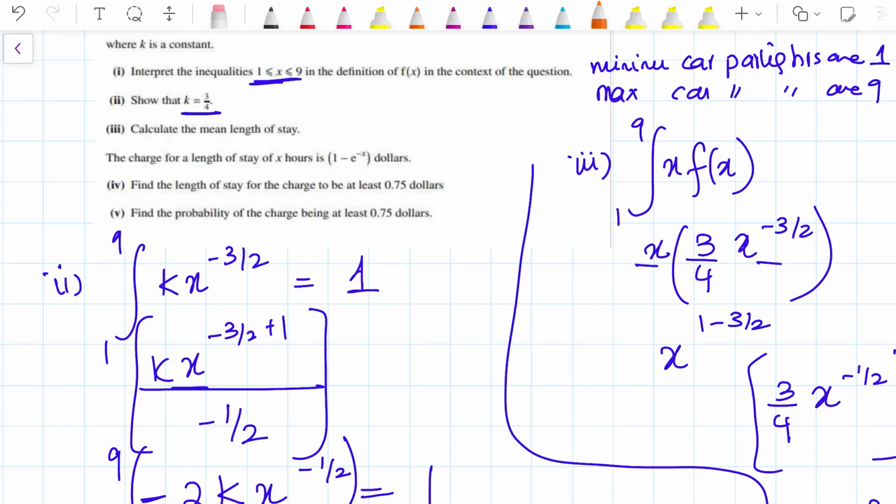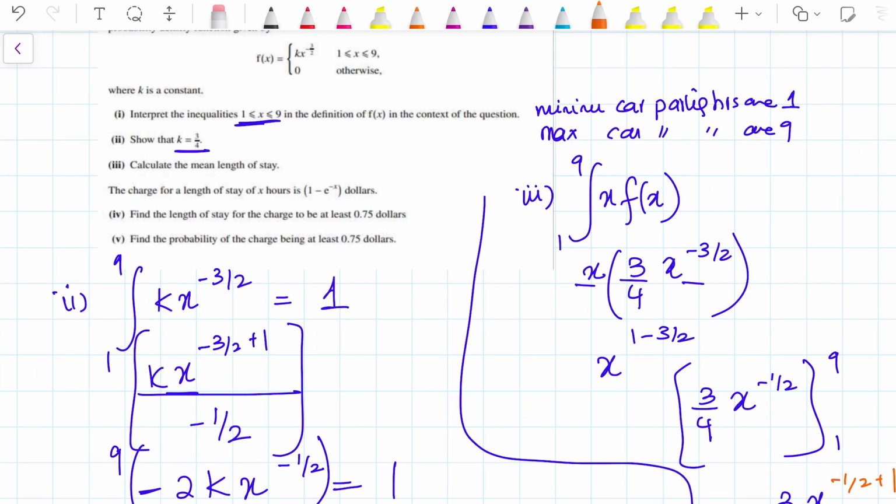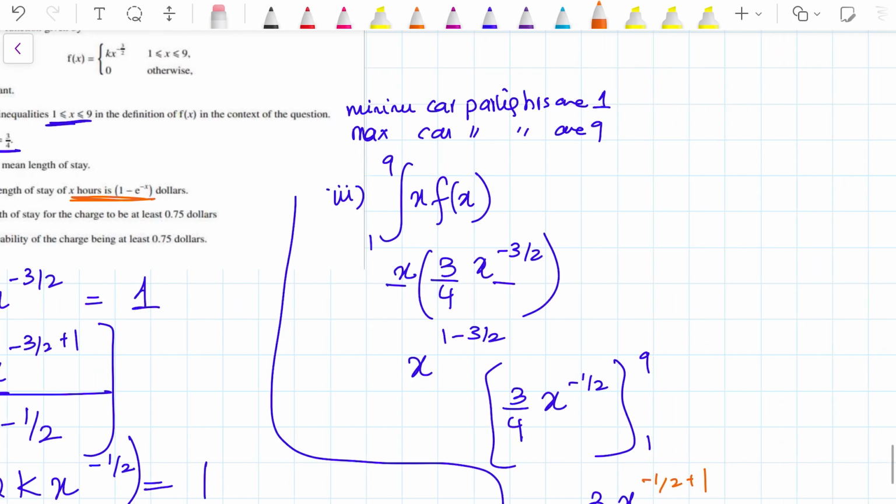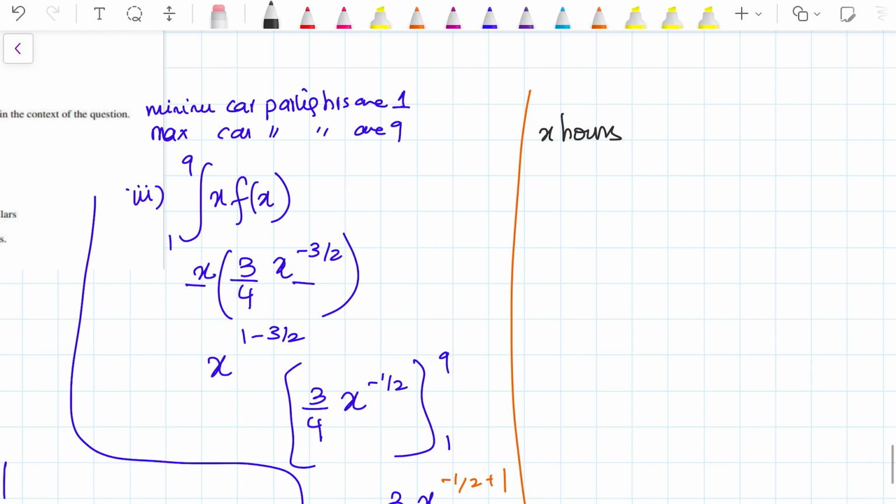The charge for a length of stay of x hours is this. Find the length of stay for the charge to be at least $0.75. Now, this is the charge for x hours. So for x hours, you charge 1 minus e to the minus x dollars.